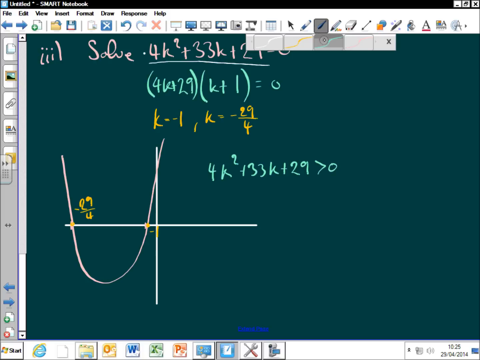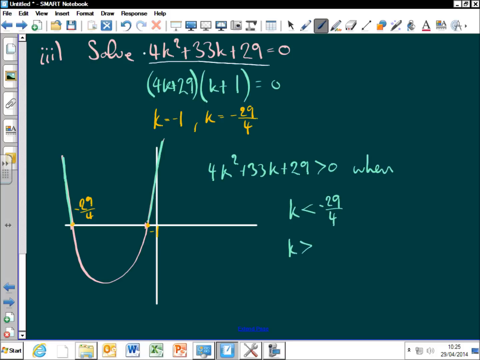These bits here, that's greater than 0, and that's greater than 0. So it's greater than 0 when k is less than minus 29 over 4, and when k is greater than minus 1. Okay, so if k is less than that and k is greater than minus 1, then you're going to get two distinct solutions where they intersect. Okay, and that's the end of the paper.